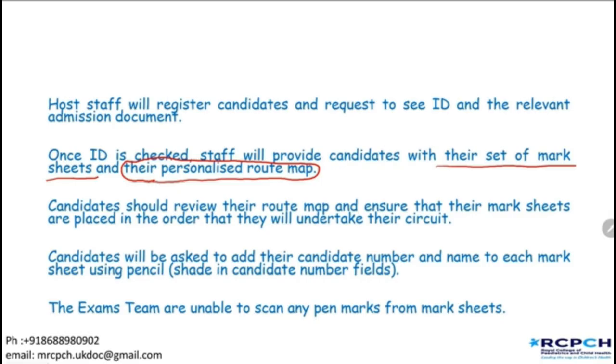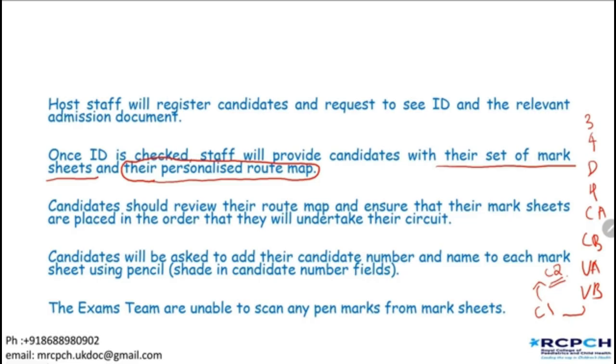Suppose your circuit starts from clinical station 3, followed by clinical station 4, developmental station, then the history station, then communication A and communication B, video station A, video station B, then clinical station 1, and the circuit ends with clinical station 2, as I explained before.